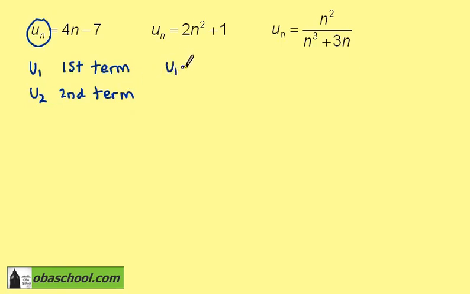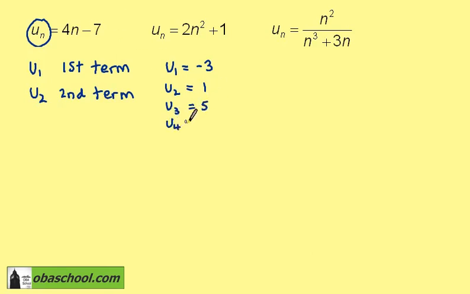So u1 is going to be 4 times 1, take away 7, which is minus 3. For u2, we'll get 4 times 2, take away 7, which is 1. For u3, we'd get 4 times 3, take away 7, which is 5.